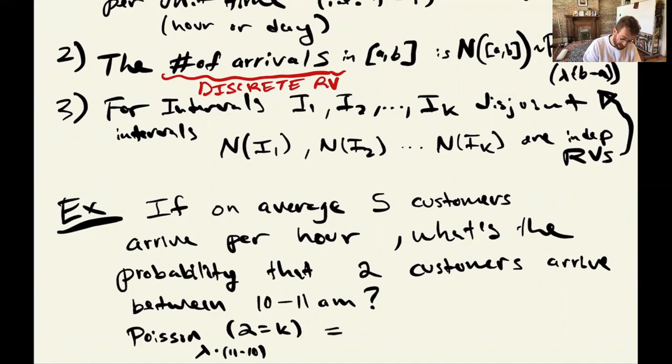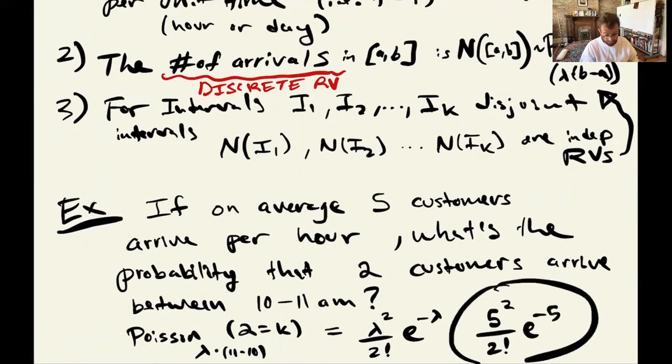So this is then going to be equal to lambda, which is going to be 5. So now it's lambda squared divided by 2 factorial e to the minus lambda. So this is going to be 5 squared over 2 factorial e to the minus 5. So that gives you a taste of how we would apply this process.